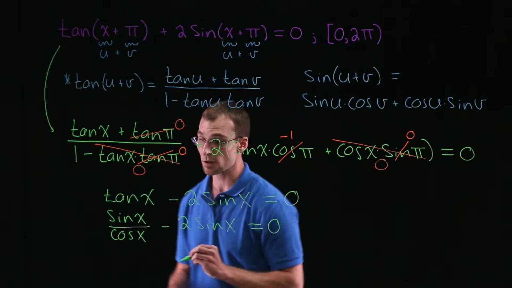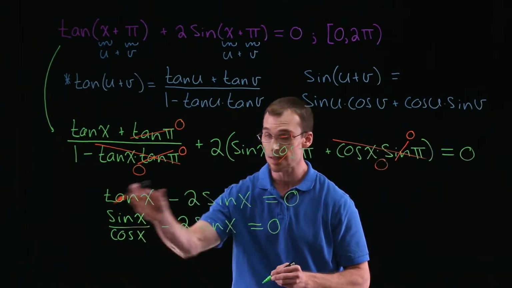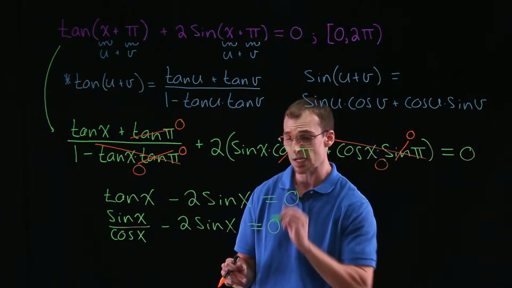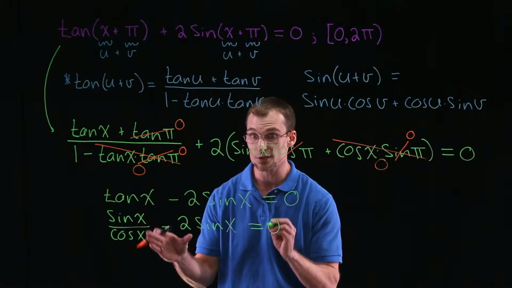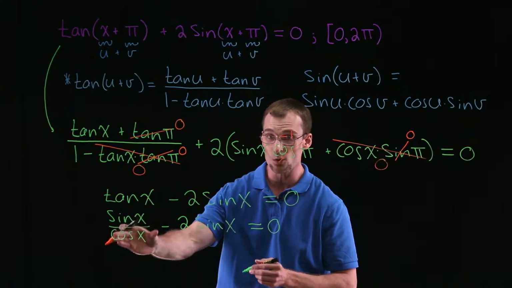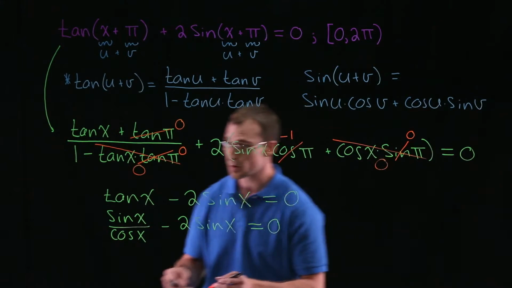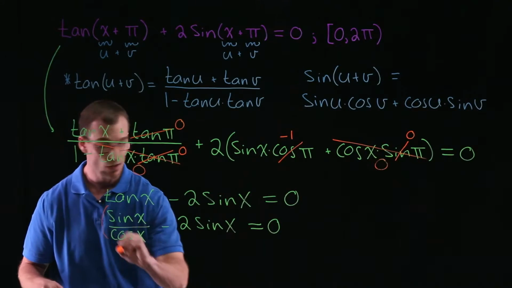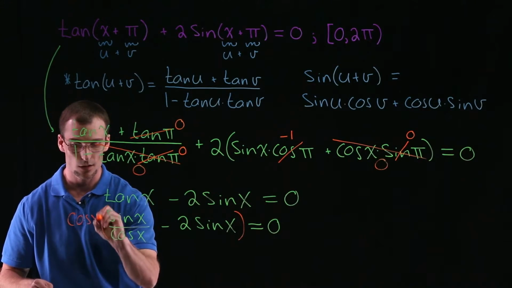Taking a look at this, we want to factor. I have a sine and a sine that could be brought to the outside. But there's one step we're going to do first, just to make our work a little bit simpler. Solving equations is always easiest when you can get everything in the numerator's position, and we have a cosine down here on the bottom. So we can take care of that by multiplying through, left and right, by cosine.